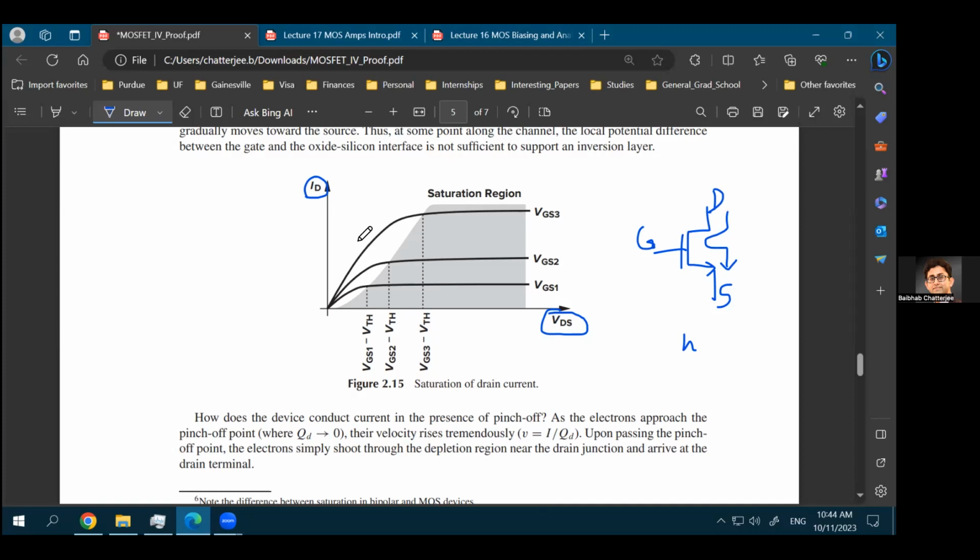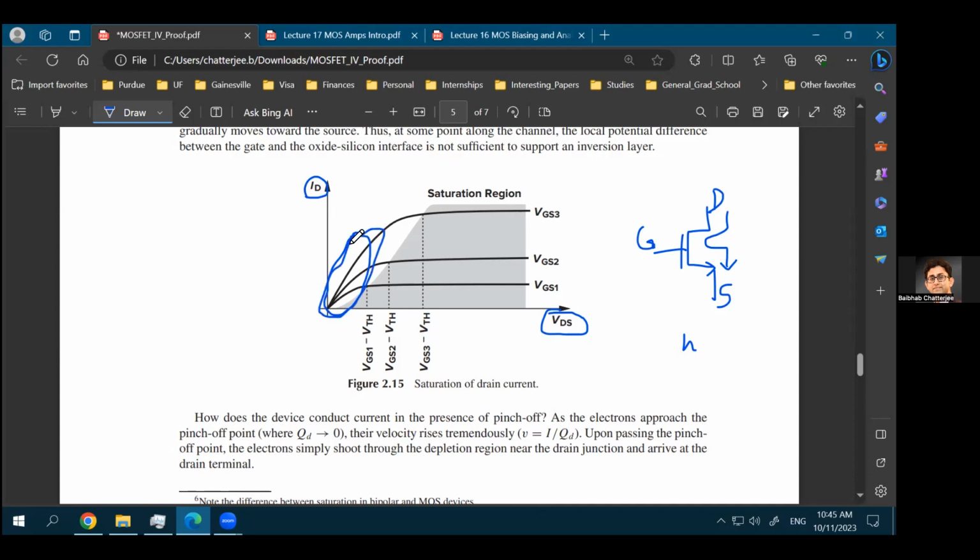Now, as I was saying, when VDS is small, the current through the MOSFET is linearly proportional to the voltage across it, just like a resistance. But as VDS becomes higher and higher, at some point the current through the MOSFET will saturate. That's the interesting property of a MOSFET, because the linear part can be achieved even with a simple resistor.